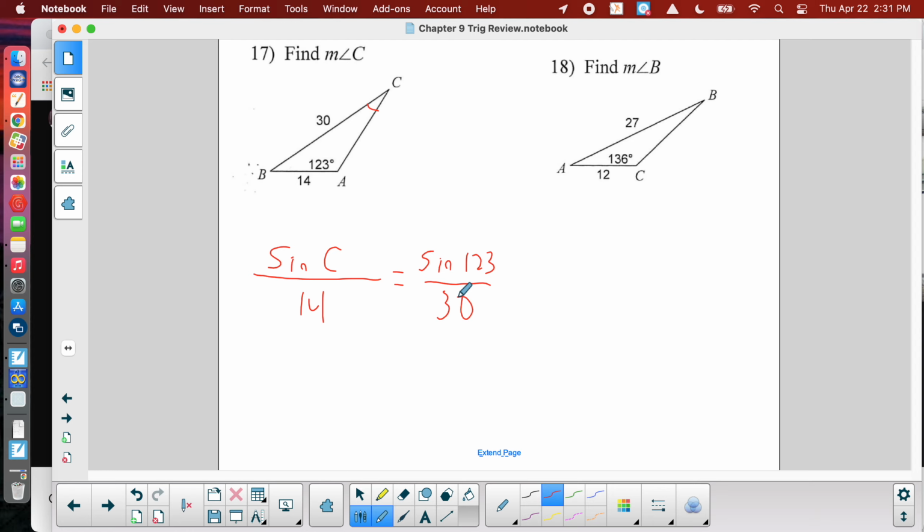Again, we cross multiply. So sine C equals 14 sine 123 over 30. But when I put that in my calculator, 14 sine 123, close the parentheses, divided by 30, I get 0.3914.